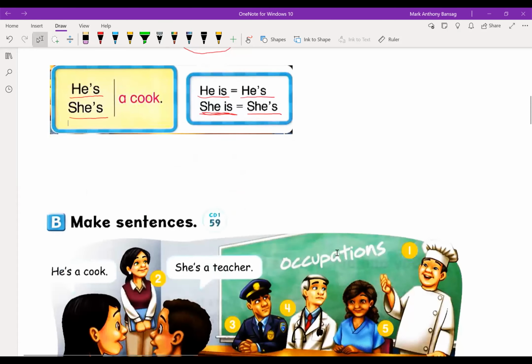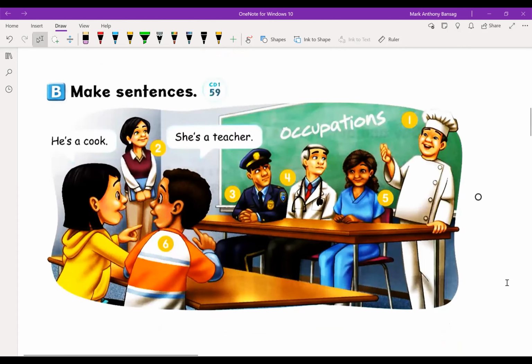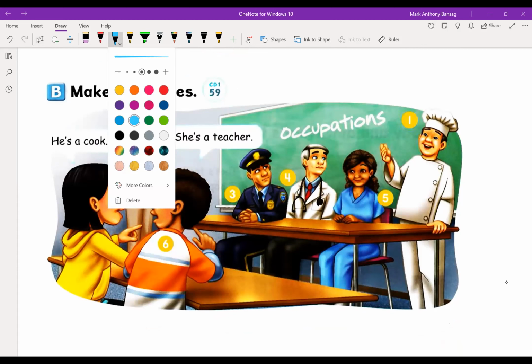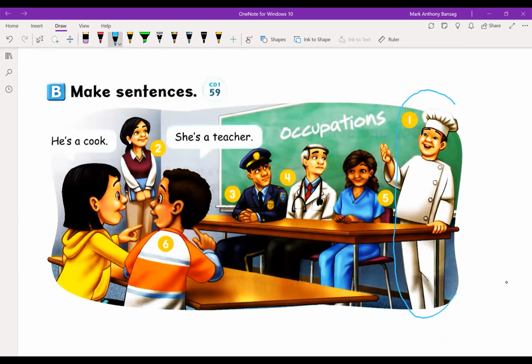All right. Now let's try to identify these people. So let's identify each person. Number 1, he or she? That is he.